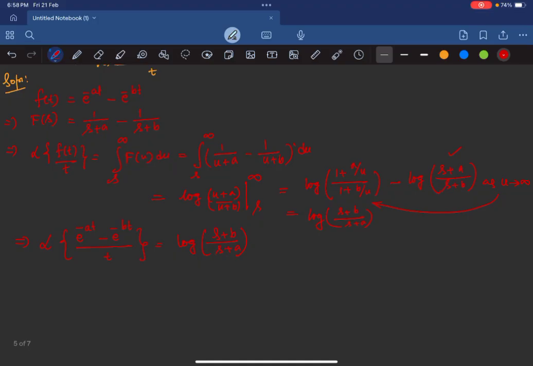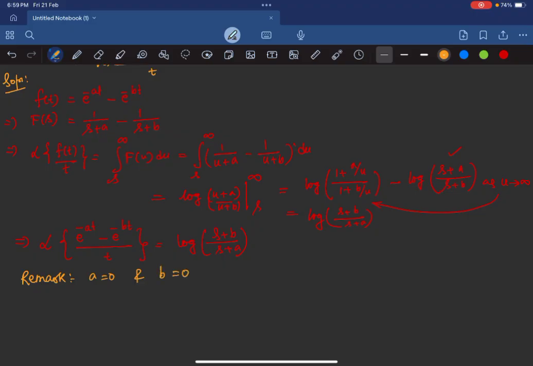Here you can observe a few important things, for example a remark. If I put a equals 0, and suppose b equals 0 as well, basically you get 0 divided by 0.